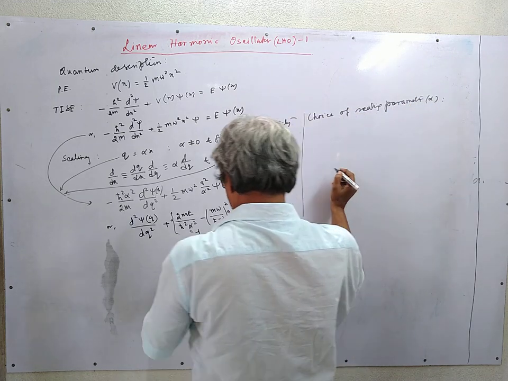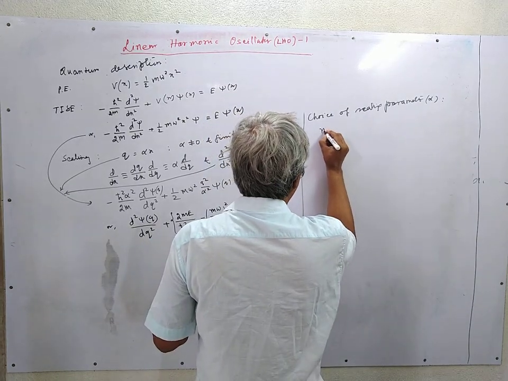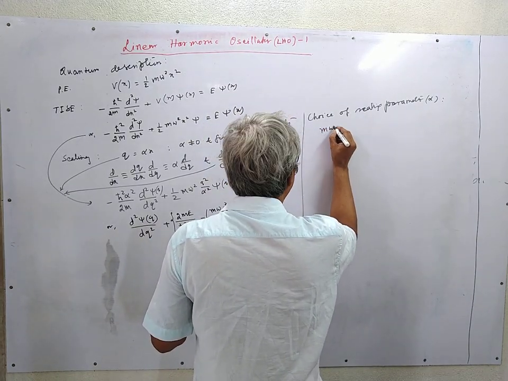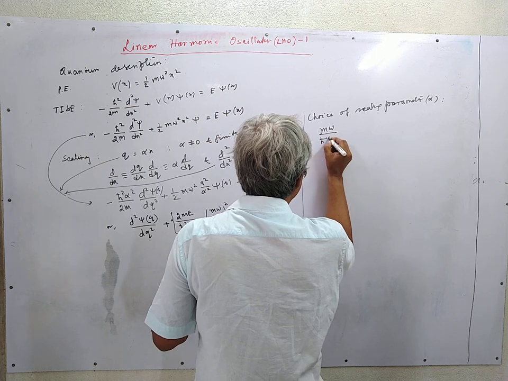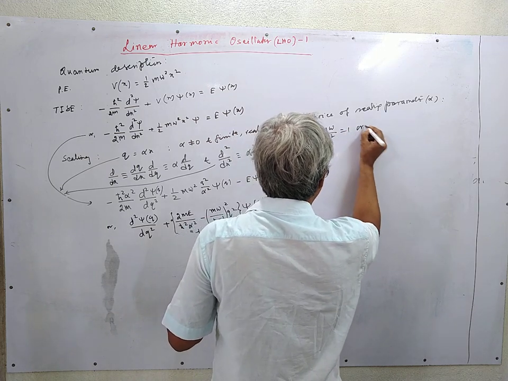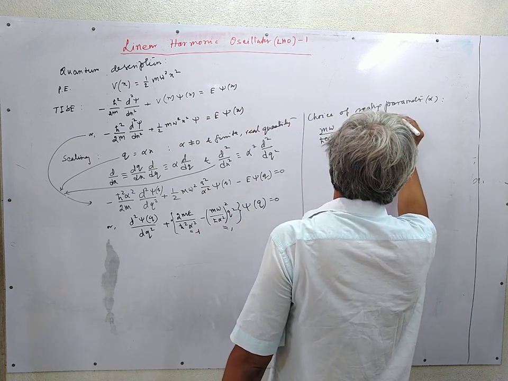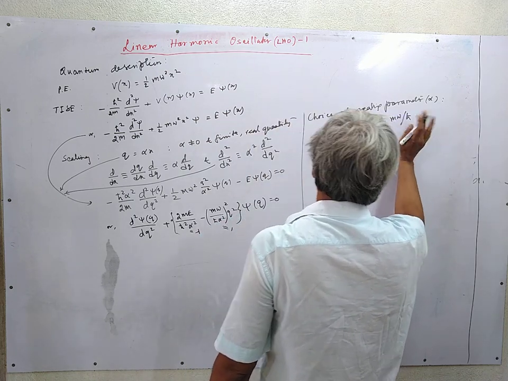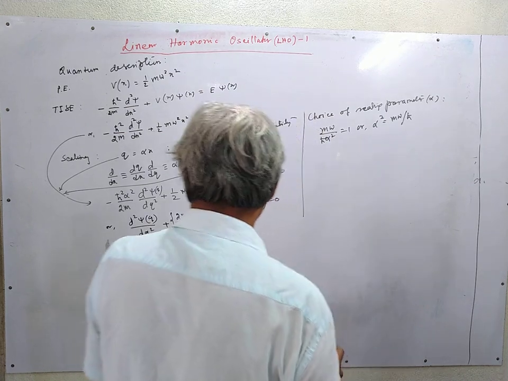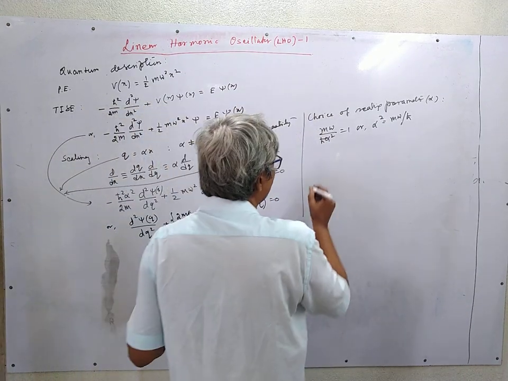Alpha is that we use m omega over h-bar alpha squared is equal to 1, or alpha squared is equal to m omega by h-bar. The significance of alpha will be discussed later. Now the lambda.